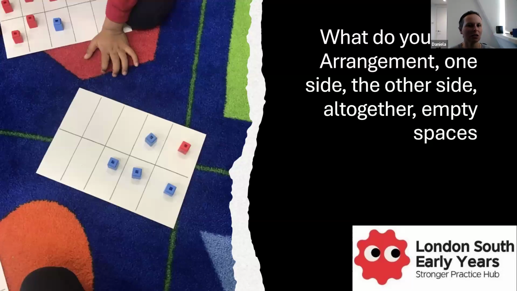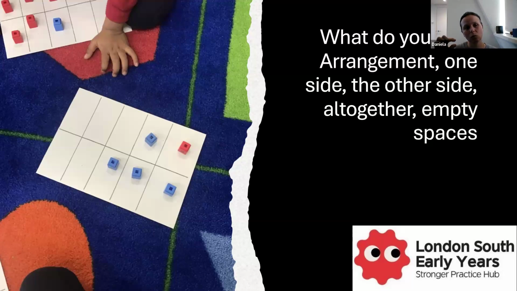What do you see is a great phrase to use to open it up, to see how it is that your children are learning, how it is that they're seeing things. You would want to be introducing the language of arrangement, one side, the other side. You might start introducing left and right at some point, really tricky to work out. All together, empty spaces.